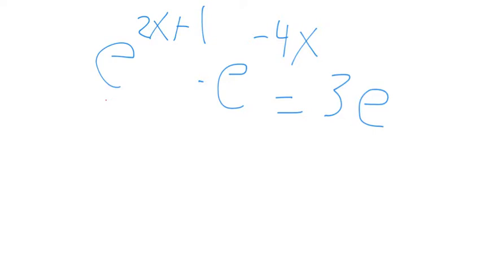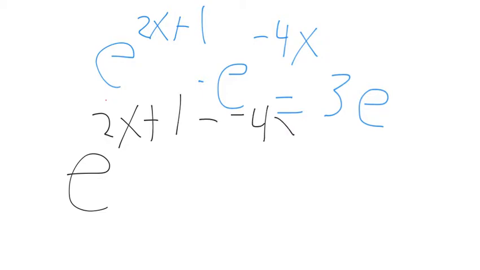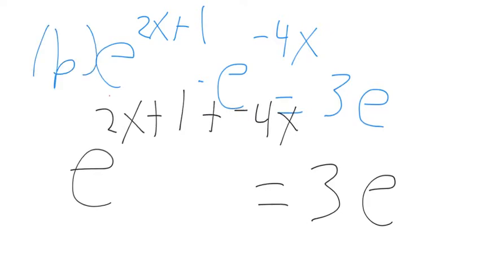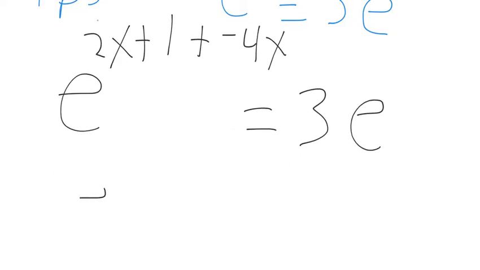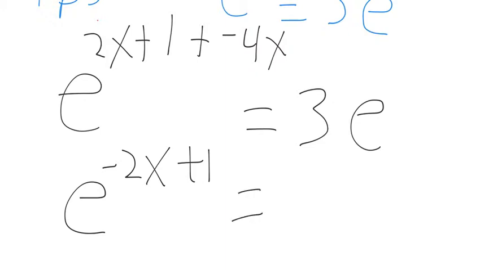So that would be the same as e to the power of 2x plus 1 and then plus negative 4x equals 3 times e. Now 2x plus negative 4x would be negative 2x, plus 1. So e to the power of negative 2x plus 1 equals 3 times e.